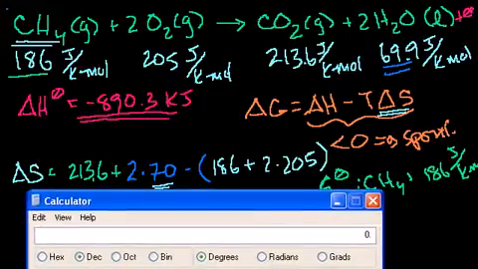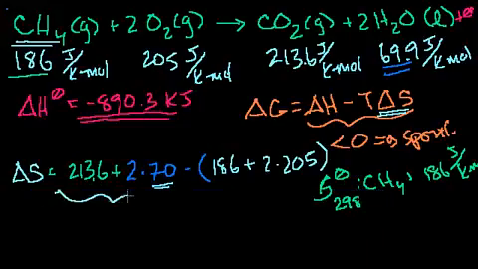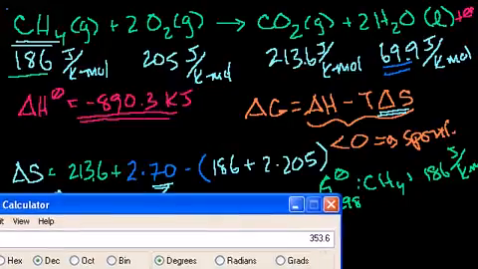Let's confirm that. So I have 213.6 plus 2 times 70, which is 140, and that is equal to 353.6. And then from that, I'm going to subtract out 186 plus 2 times 205, which is equal to 596.